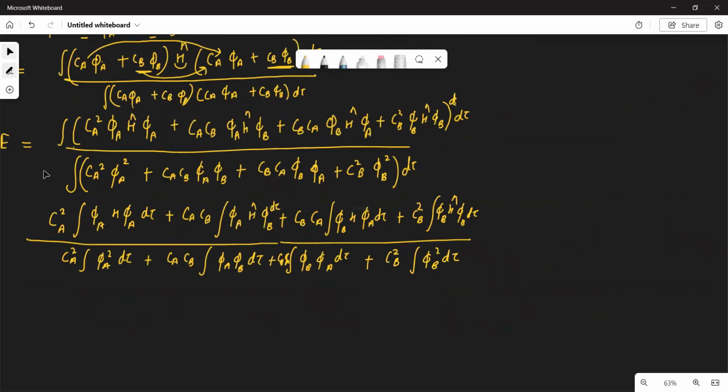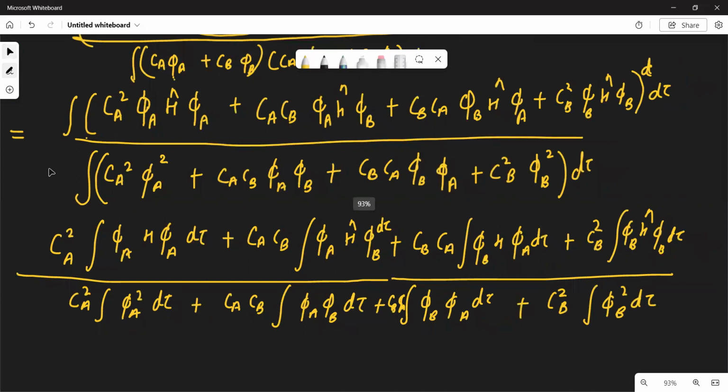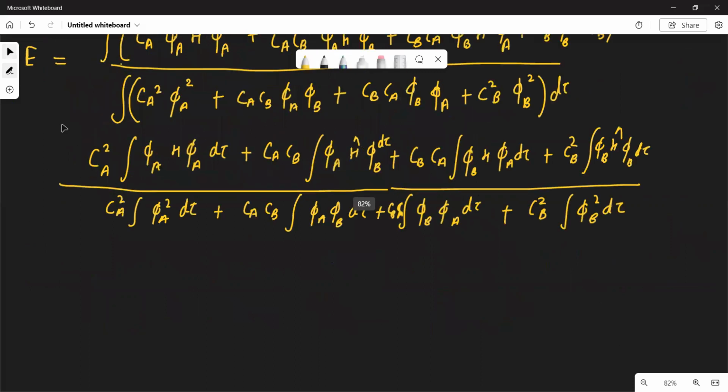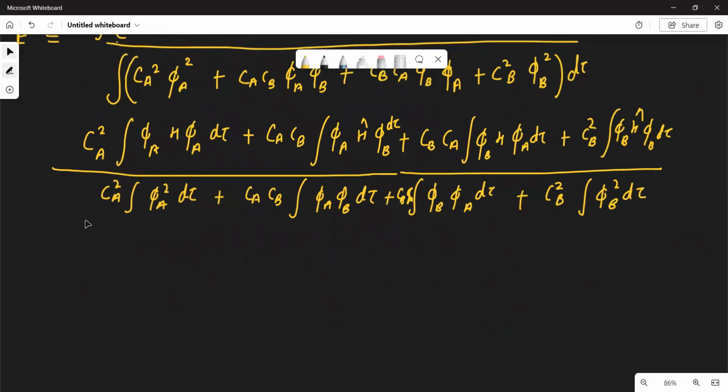Now we will introduce a few notations for these integrations. We will replace these integrals with some notations, and these notations are very, very important. The first integral, integration of phi A H phi A, has two functions of the same nuclei, A and A, so it can be written as HAA.